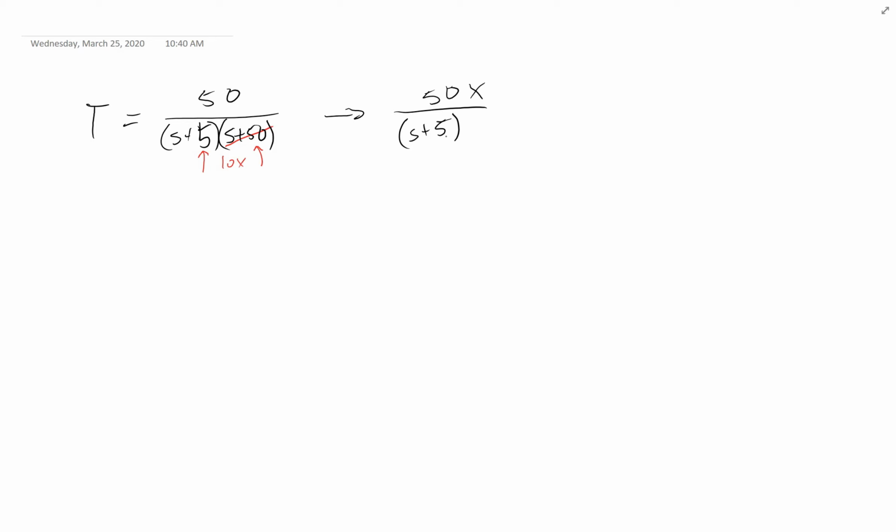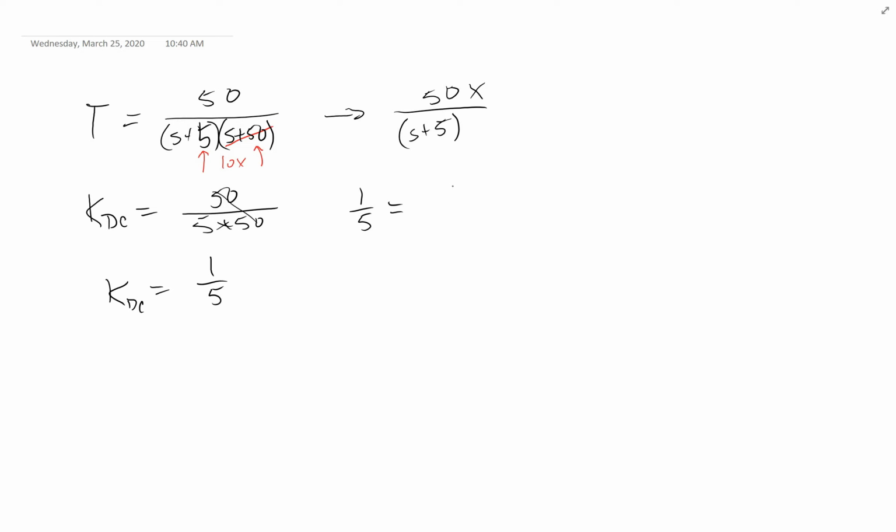So what we're going to do is put a variable, x, in here and use that to match up our KDC. If we come over to our high frequency system and calculate our KDC, or our DC gain, as we've called it also, remember to do this we just set s equal to 0, and so we end up with 50 over 5 times 50. And that would be our KDC. In this case, it's pretty easy. It comes out to be 1/5. Now, we want our KDC for our new system to be equal to 1/5 also.